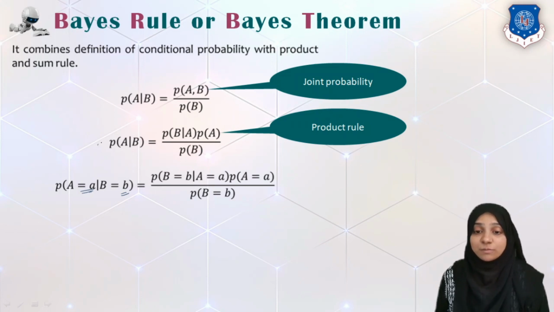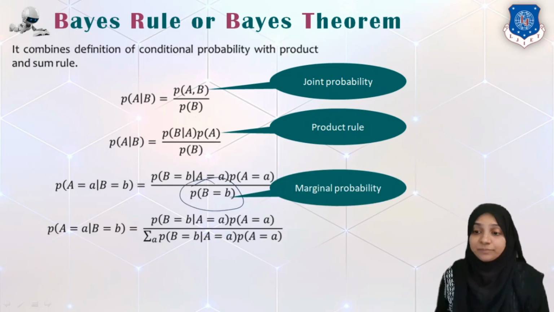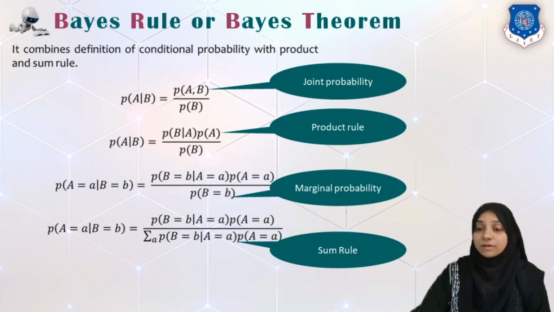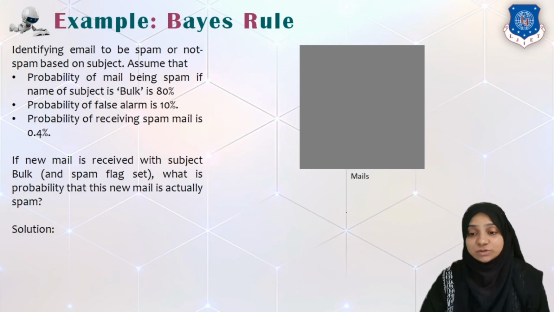That is, the formula is kept the same in Bayes rule, but each event may have different outcomes, that is, A is equal to A and B is equal to B. Now, what is this marginal probability? Marginal probability can be calculated from the different outcomes of A. And here we have replaced this particular formula using something called the sum rule that we have already seen. So this is nothing but substitution of the sum rule.